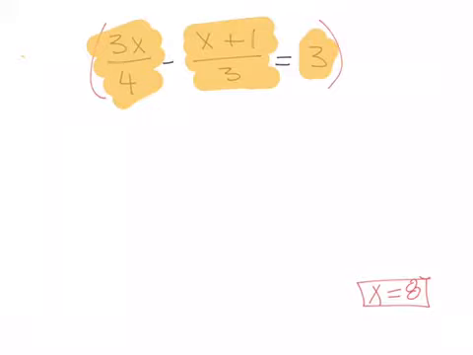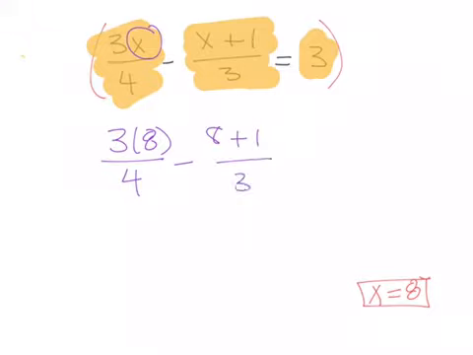So everywhere I see an x again, I'm putting an 8. So I have 3 times 8 over 4, again replacing that x, minus 8 plus 1 over 3 equals 3. 3 times 8 is 24. 8 plus 1 is 9.